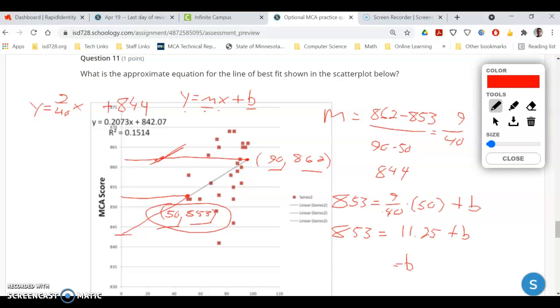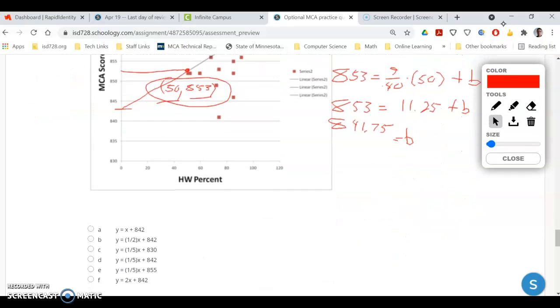So that would be 841.75, I think. Okay, so I think that'd be right. So that would be a little bit more precise. So I did 844 by just guessing, but maybe 841.75. So let's look at our answer choices here and see if I can find one that makes sense.